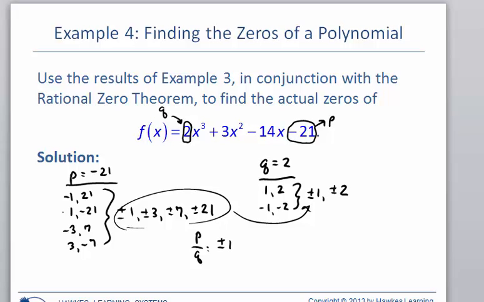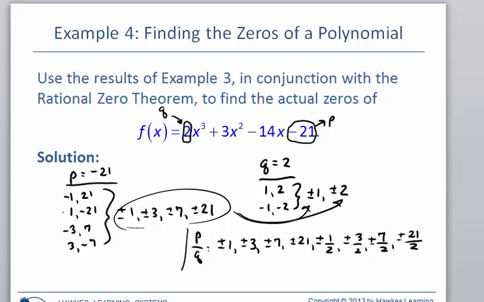So they're not really going to change when I do that. And then we're going to take them all and put them over 2. So we'll get plus or minus 1/2, plus or minus 3/2, plus or minus 7/2, plus or minus 21/2.